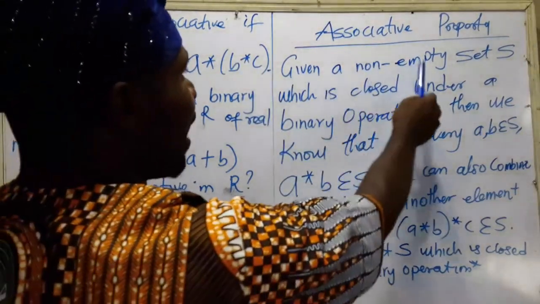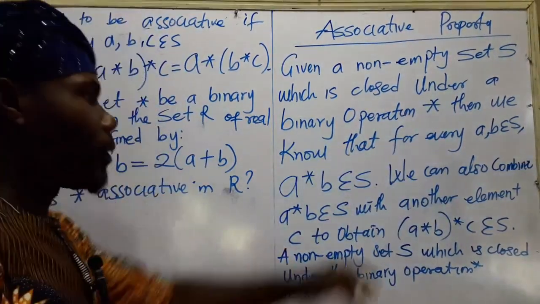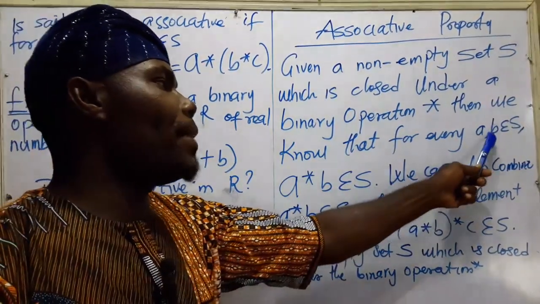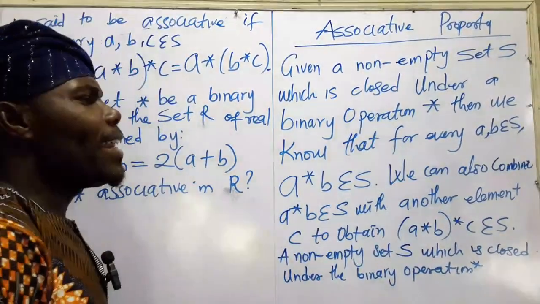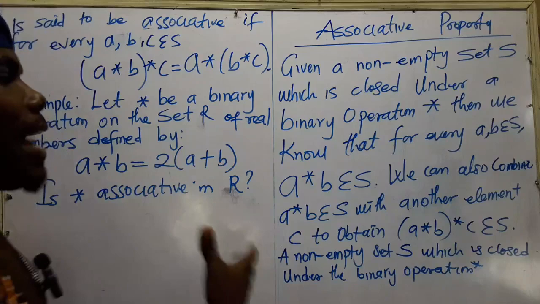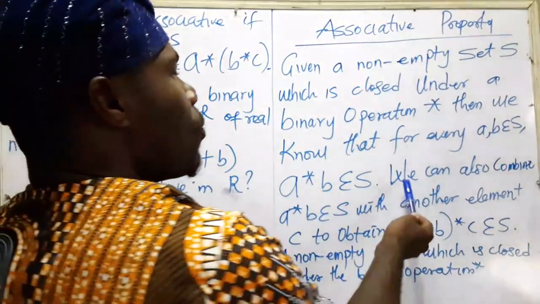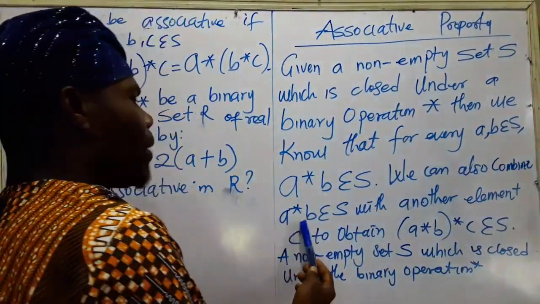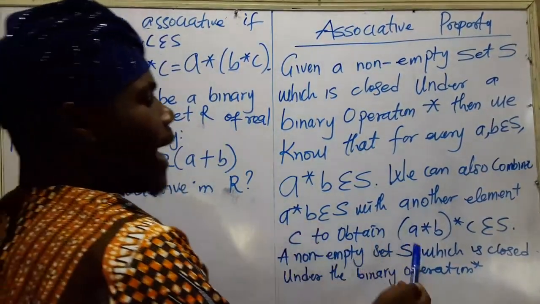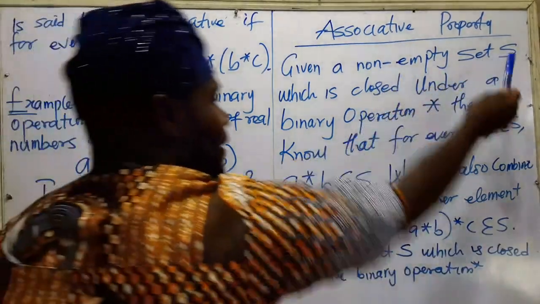Given a non-empty set X which is closed under a binary operation, then we know that for every A, B element of X, A operation B is an element of X. We can also combine A operation B, which is an element of X, with another element C to obtain A operation B operation C, which is an element of the non-empty set X.